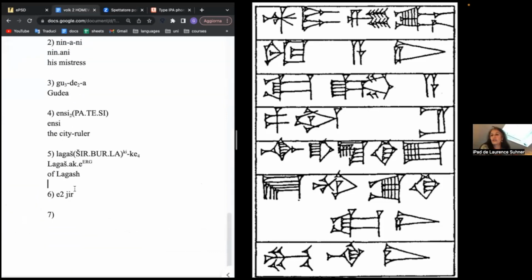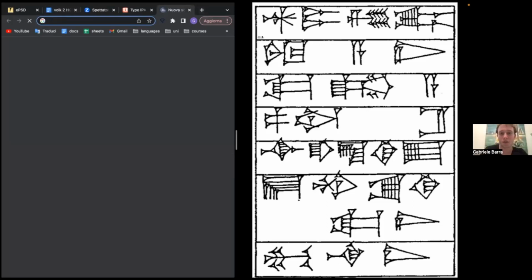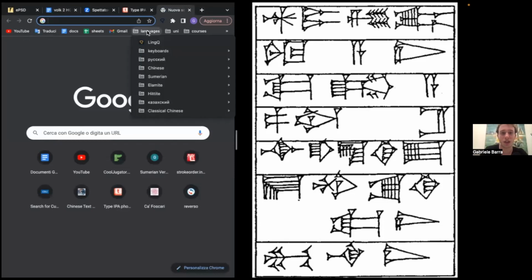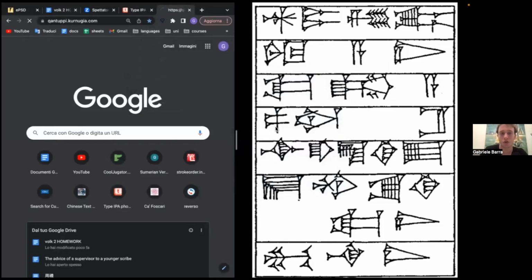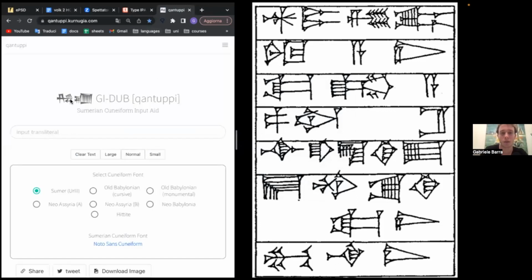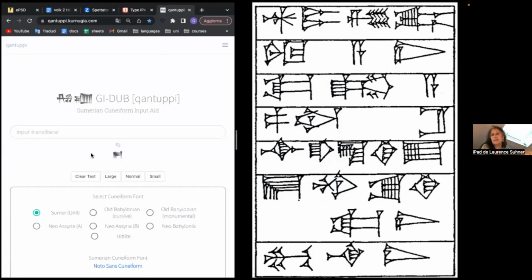Where do you find the cuneiform on your computer? Well, I take it from a website which makes it really easy to spell it out. But you just have to go in here. It's called Kantupi. I can give you guys the link in the next email. Yeah, that's great. I have it on my iPhone, but not on my computer.